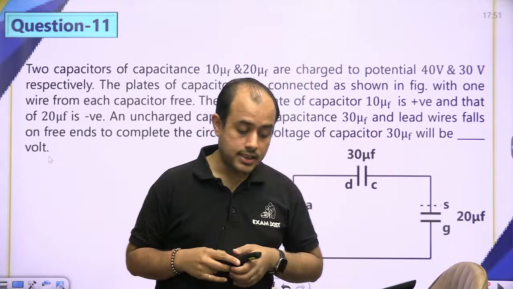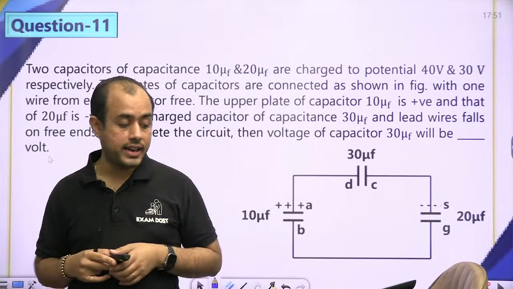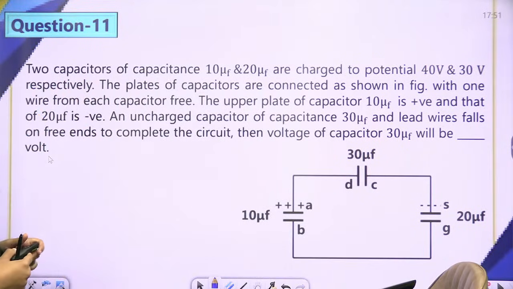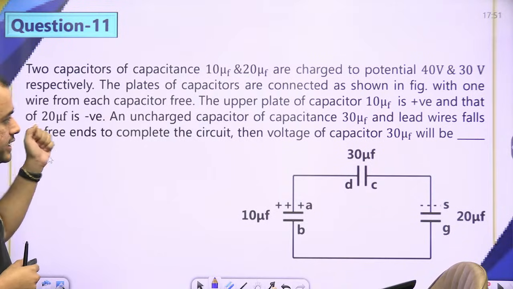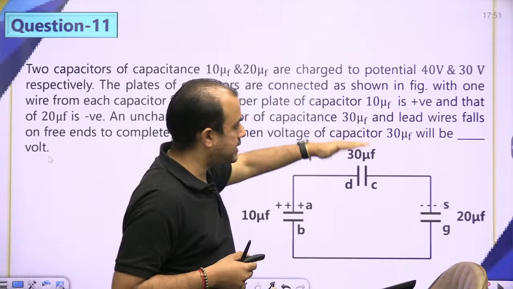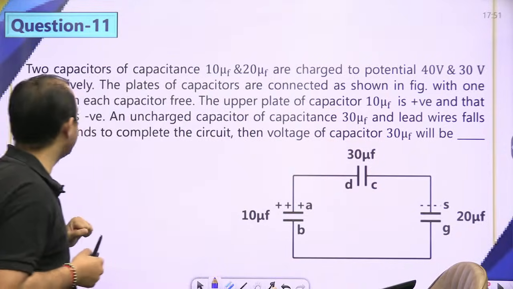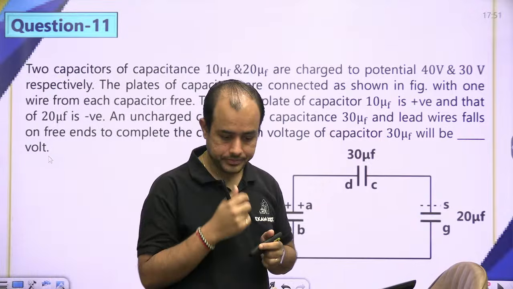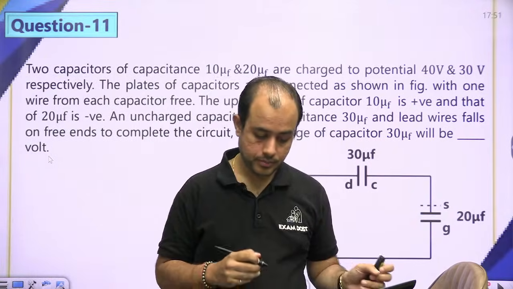Two capacitors of 10 and 20 microfarad are charged to 40 and 30 volt. The plates of the capacitors are shown with one wire from each capacitor free. The upper plate of 10 is positive, the upper plate of 20 is negative. Now, an uncharged capacitor of 30 microfarad is connected. Then what is the voltage of the 30 microfarad?